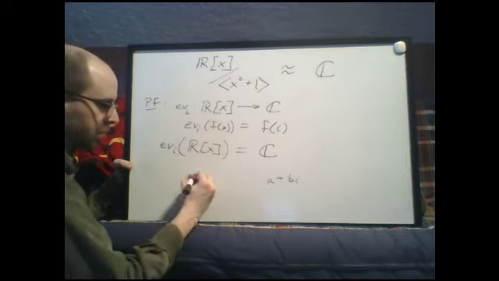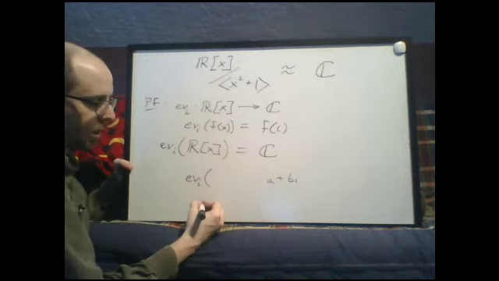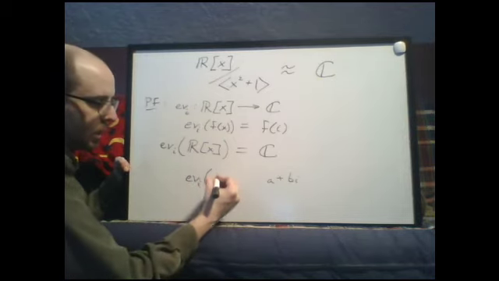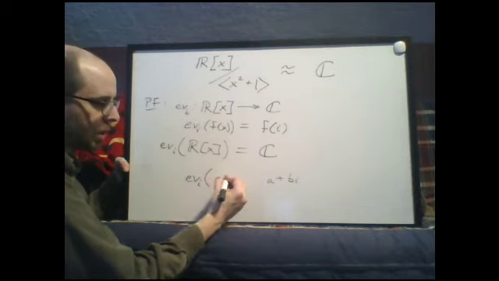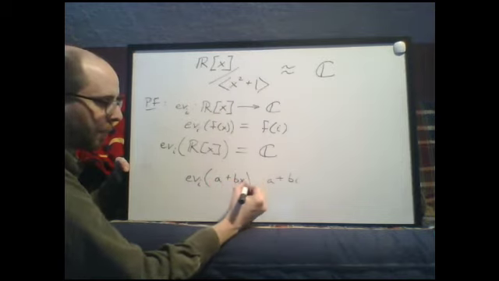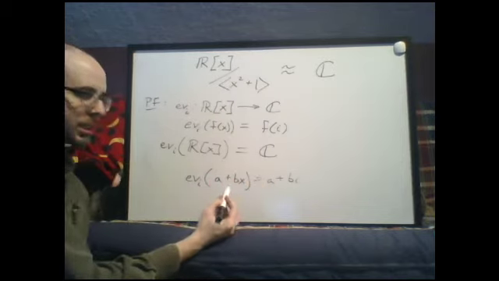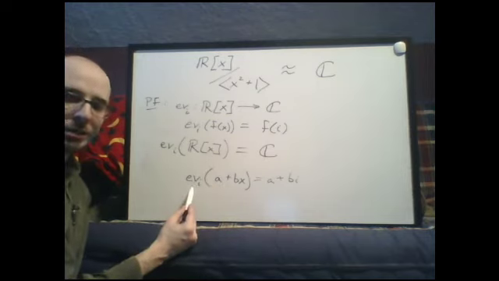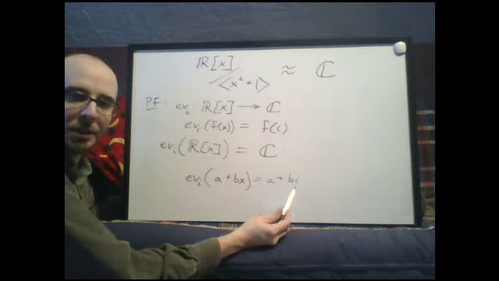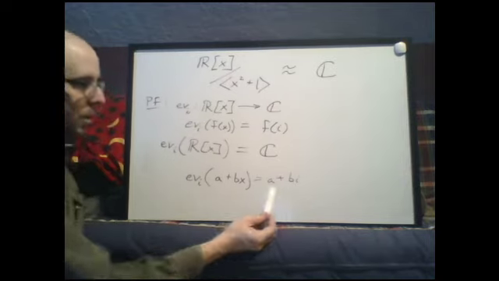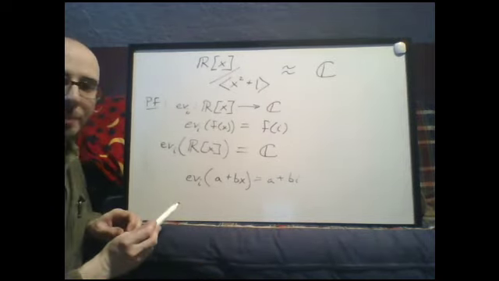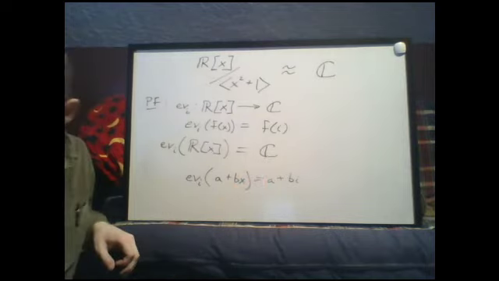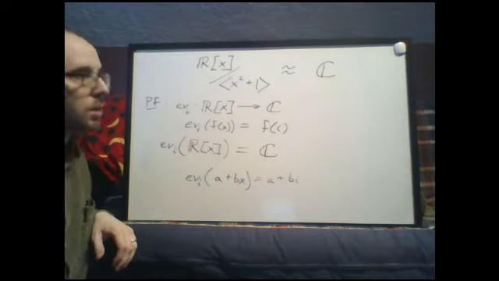I just take ev sub I and apply it to the function a plus bx. So a plus bx is a polynomial in R[x]. If I use the evaluation function where x turns into I, then clearly it becomes a plus bi. So my range is C, the complex numbers.